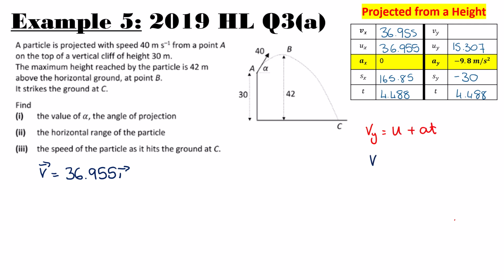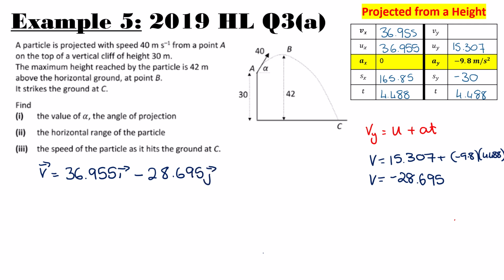So that is v is equal to 15.307 plus minus 9.8 times 4.488. Let's put that into our calculator, and we're getting minus 28.695. So that gives us minus 28.695 j, which is our velocity vector.